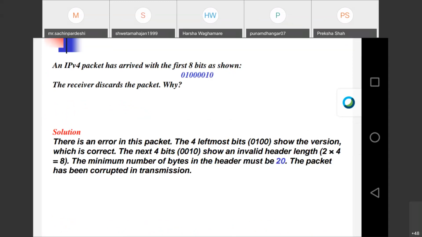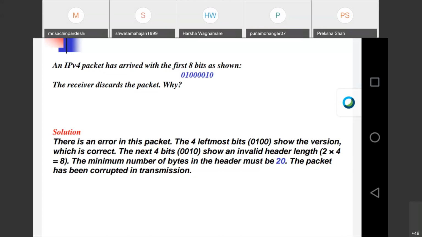In this problem, an IPv4 packet has arrived with the first 8 bits as shown. So one IPv4 packet has arrived, and the first 8 bits are 0100, then 0010. Now, why does the receiver discard the packet? The first field is version, and 4 bits define the version.